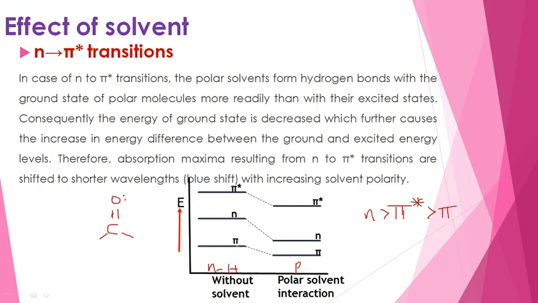See here, there is a major decrease in the n, that is the non-bonding electron, then somewhat lesser extent, and here much less. This is due to the interaction of polar solvent with the polar compound.